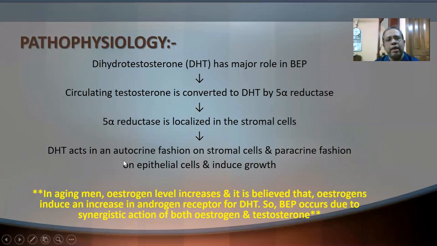Dihydrotestosterone acts in an autocrine fashion on stromal cells and in a paracrine fashion on epithelial cells and induces growth. In aging men, estrogen level increases, and it is believed that estrogens induce an increase in androgen receptors for dihydrotestosterone action. So BEP occurs due to the synergistic actions of both estrogen and testosterone.